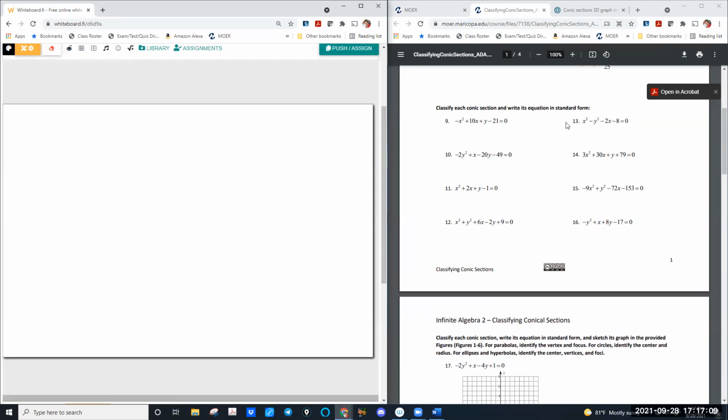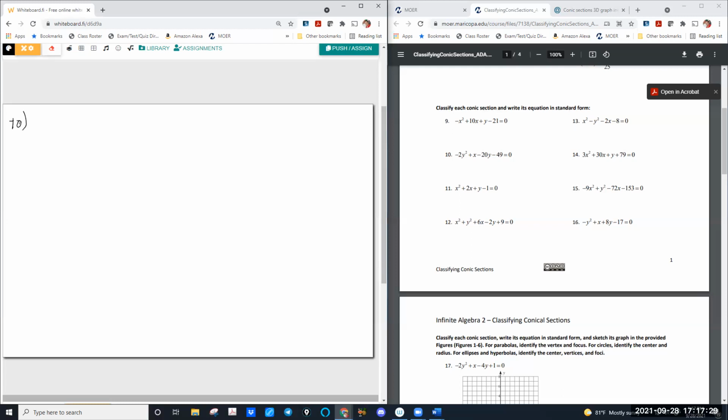Now, when you get to the homework, you're not always going to have to do that. Some of them will already be in standard form, but some of them won't. To write them in standard form, you have to do completing the square. So I wanted to do a couple where we have to do completing the square because you probably haven't done completing the square in a little while. And it's going to be nice to have a little refresher.